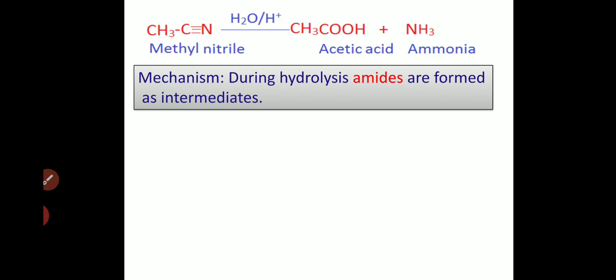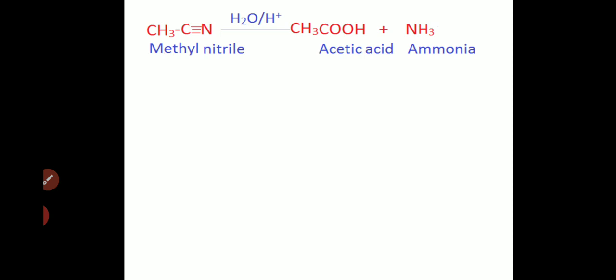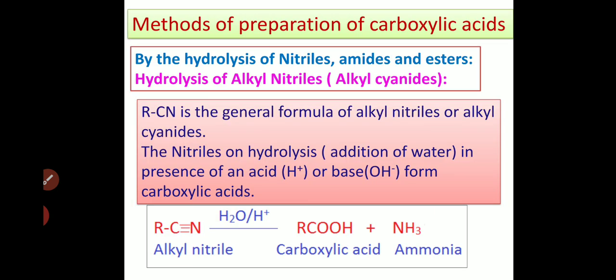The general formula for amides is RCONH2. In this, amides are formed as intermediates. Now, if we take the first equation and see how it has converted into RCOOH, the mechanism will be as follows.